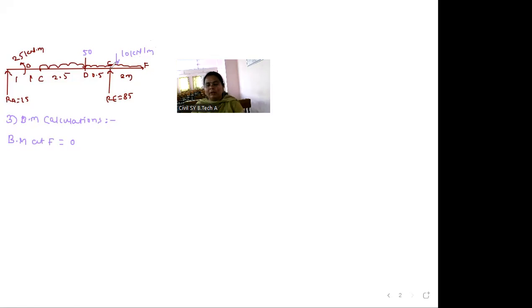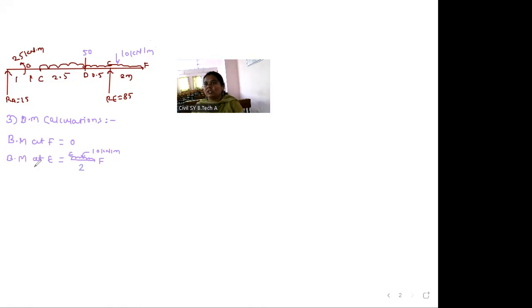Now we will calculate bending moment at E point. So for this I will draw span here. So this is our E point and this is our F point, and here 10 kilonewton per meter load is applied and distance is 2 meters.